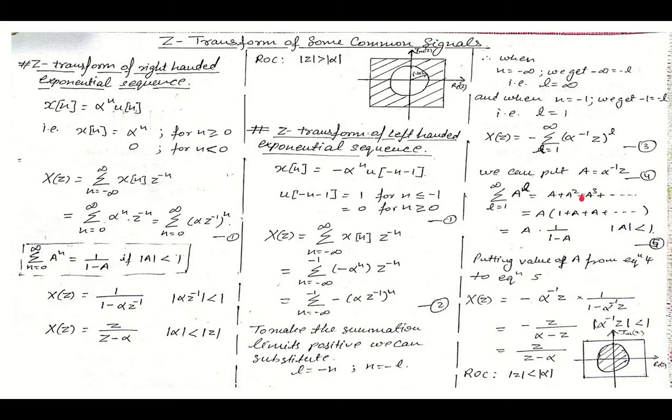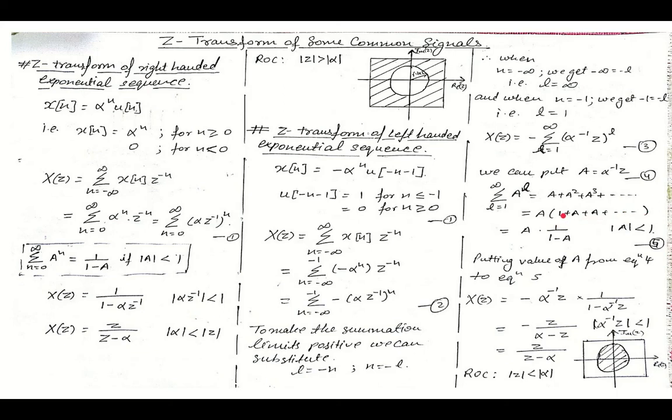Now from a cube I take 1 a common, then what will be left will be a square. So here, you can see that I have mentioned a, but this won't be a, this will be a square. And similarly I will have a cube plus a to the power 4 plus a to the power 5 and so on.